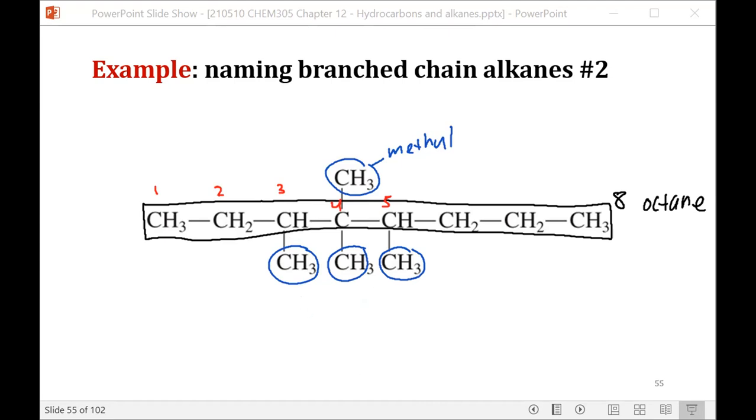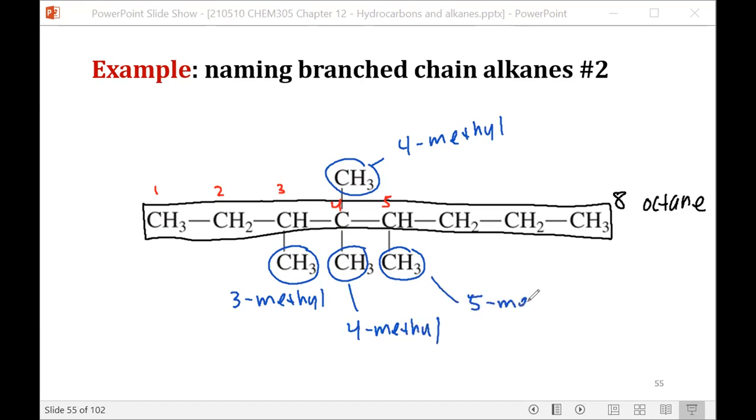So now I know that I have methyl groups at carbons 4. So this is 4-methyl. At carbon 3, so I have a 3-methyl. At carbon 4. And at carbon 5. So I have 4 methyl groups. So this is going to be a tetramethyl compound.